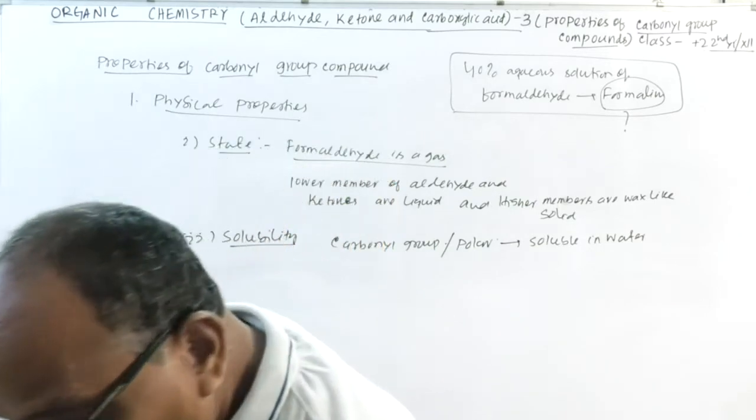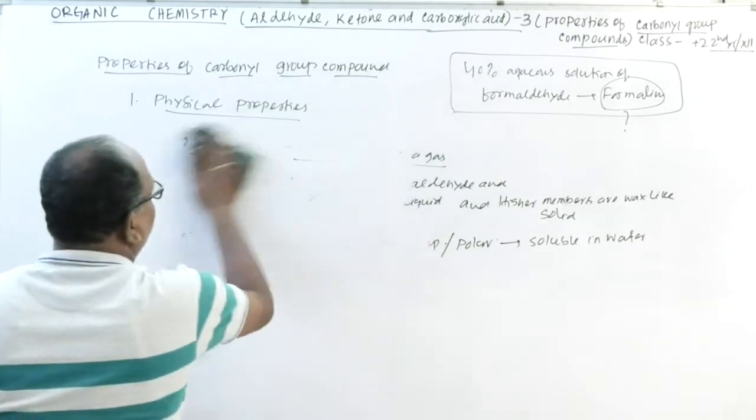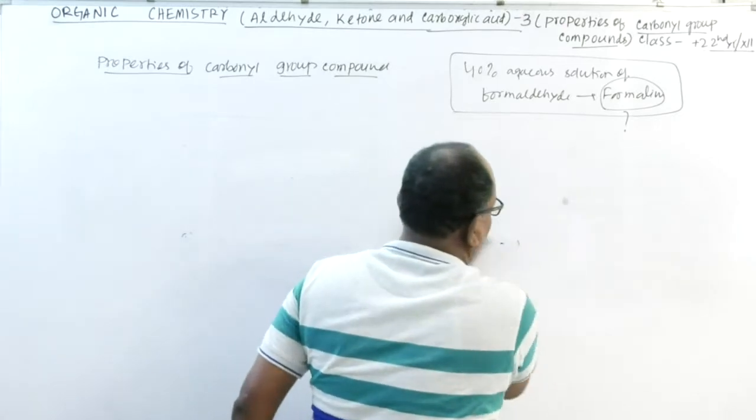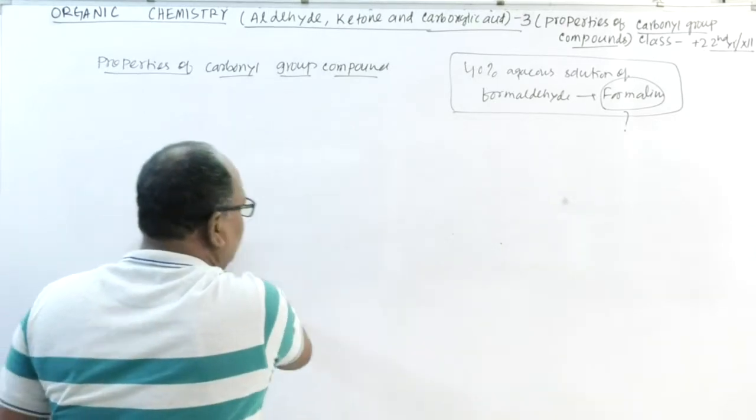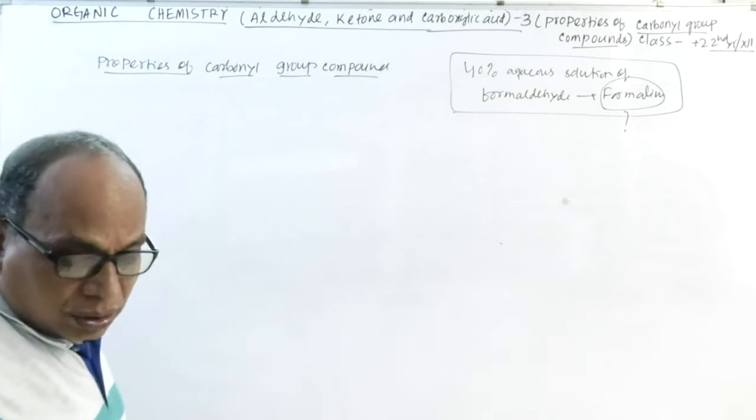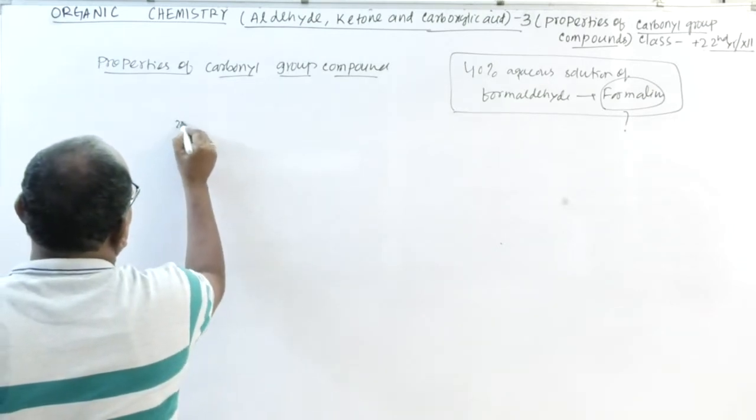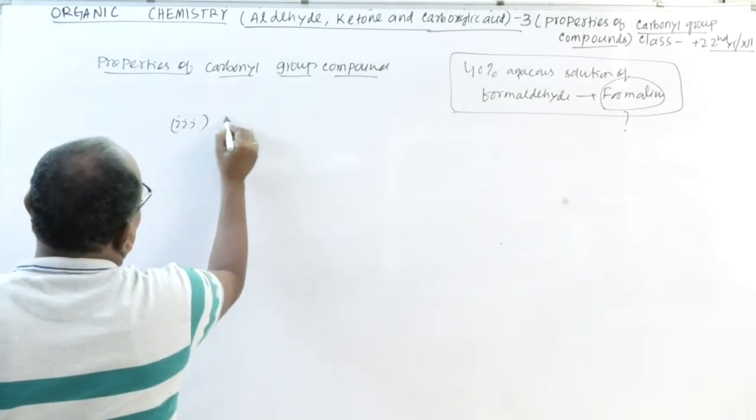Okay, students. Next, come to melting point and boiling point. So the third physical property is melting point and boiling point.